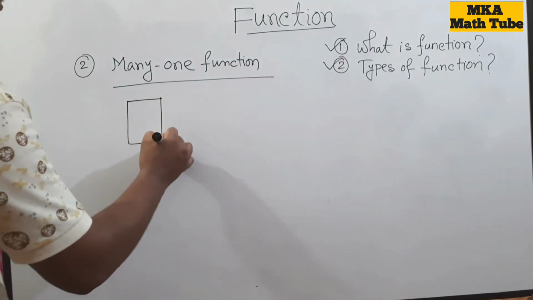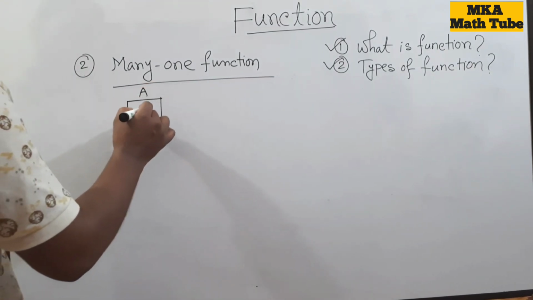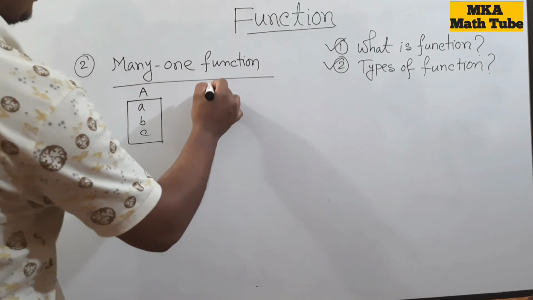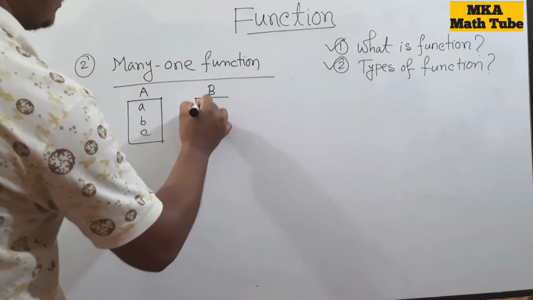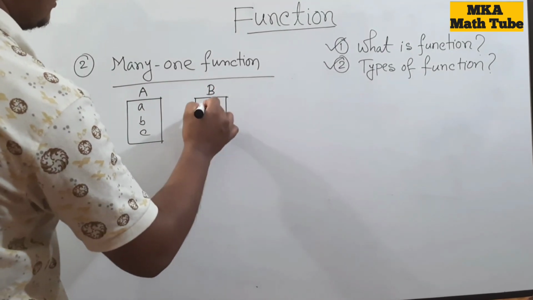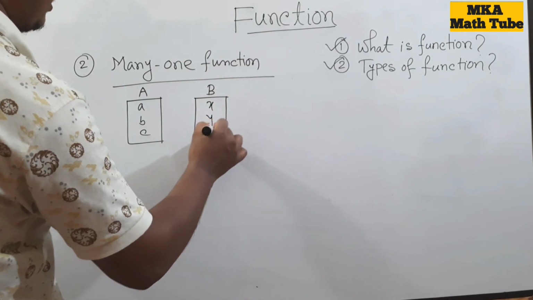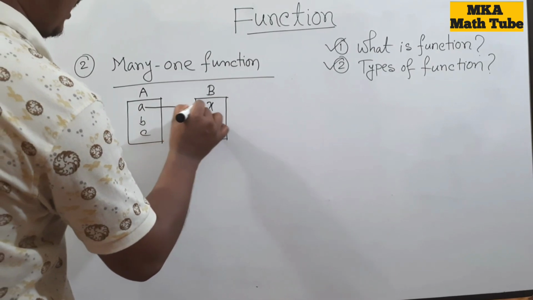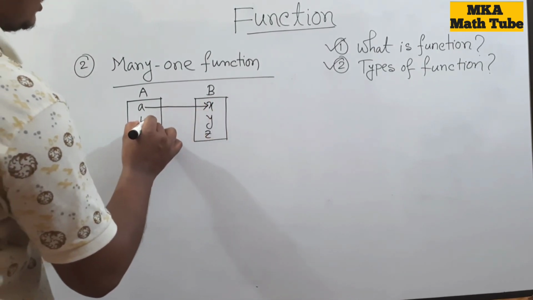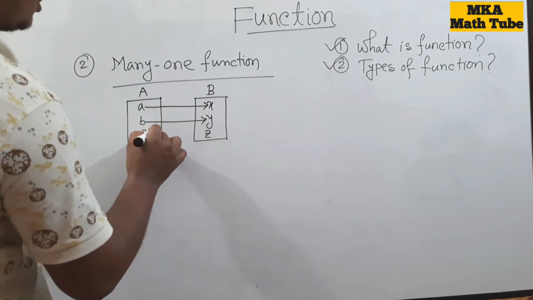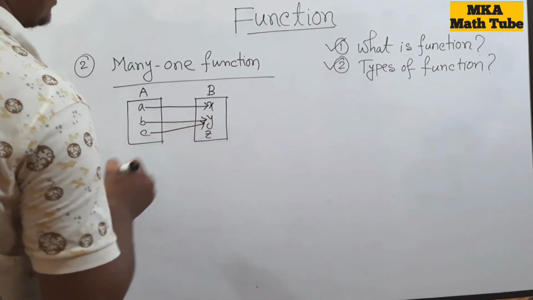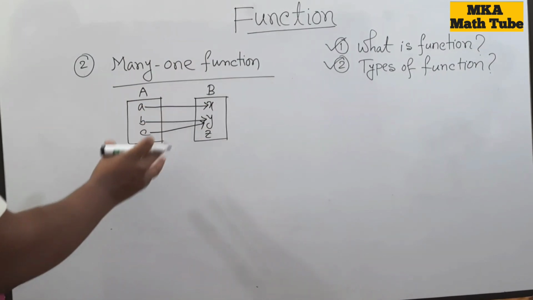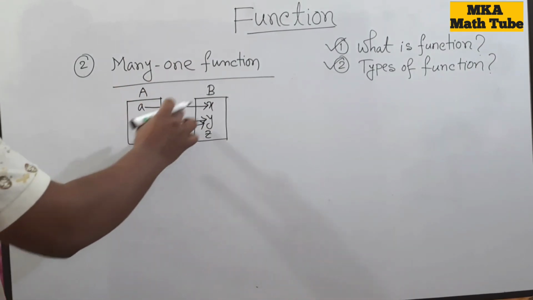Let's say set A. The elements of set A are A, B and C, and another set B. The elements of this set are X, Y and Z. So if for input A we get X, for input B we get Y, and for input C we also get Y, then this function is called a many-one function.